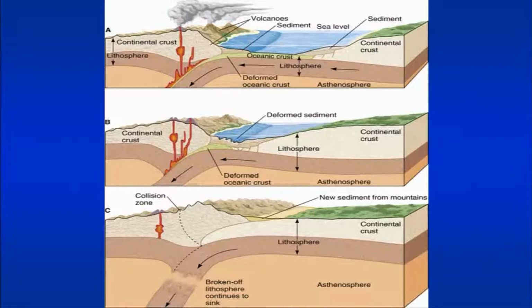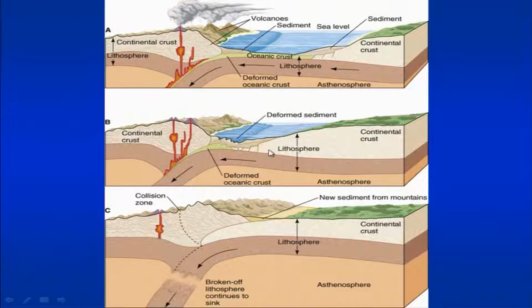Now there is no more subduction. If you look at these three cartoons, they show that initially the oceanic plate, which was ahead of the continental plate, that is the Indian plate, subducted beneath the continental plate of Eurasia, resulting in volcanic eruption on the overriding plate.